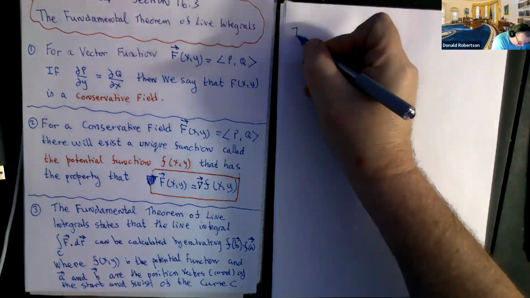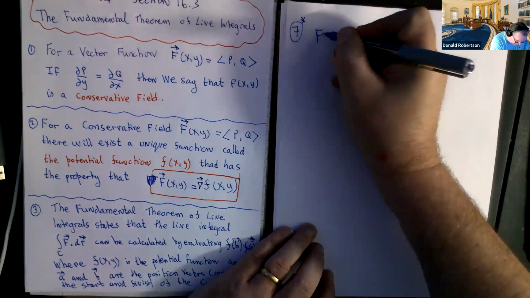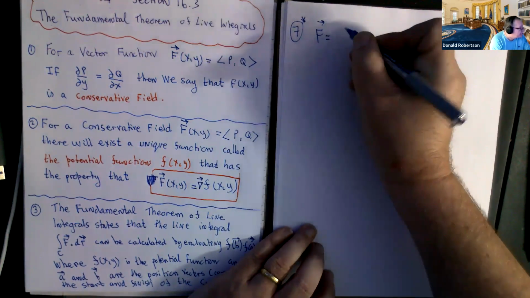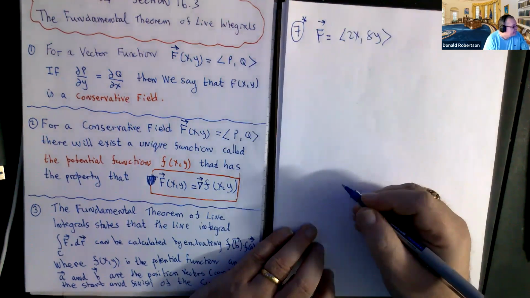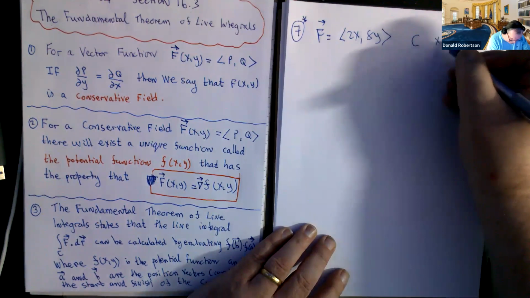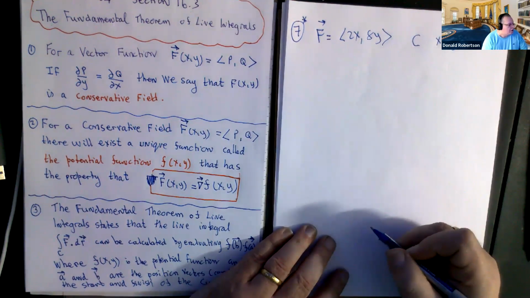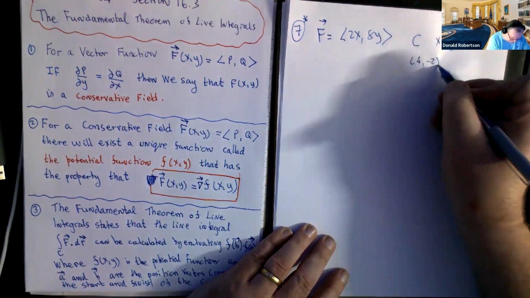So question 7. We have a vector field, which is 2x and 8y in this case. And the curve C is following x equals y squared. And it's going to do it from the point 4, -2.